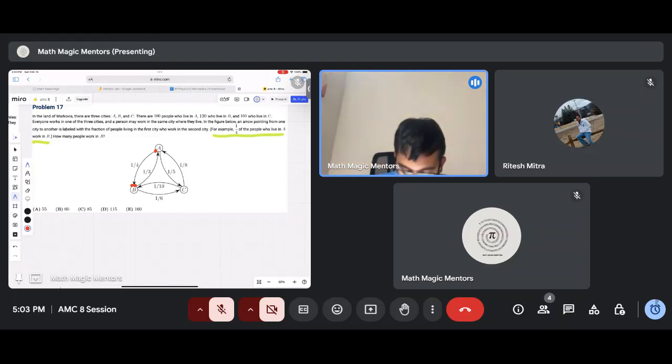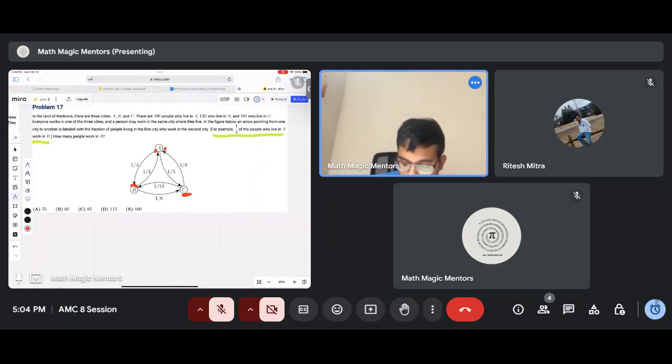If we think about this arrow, it starts at C, the tail of the arrow is at C, so they live in C, but the arrowhead ends here, so they work in A. I'll just write the symbols.